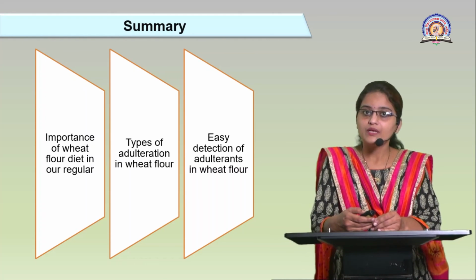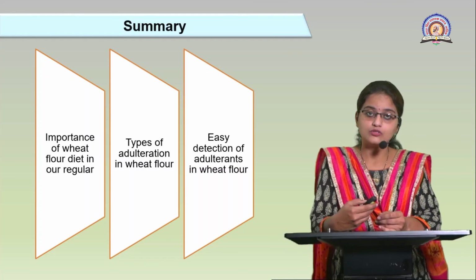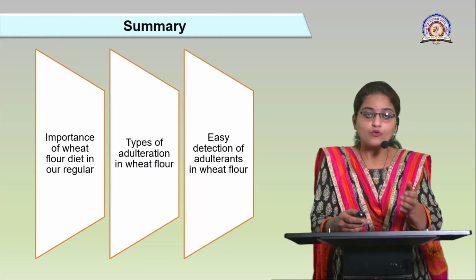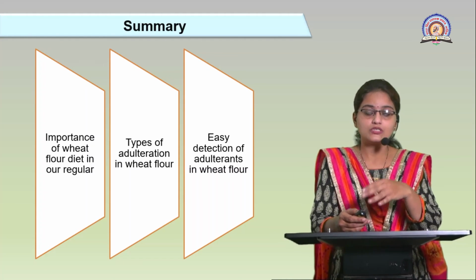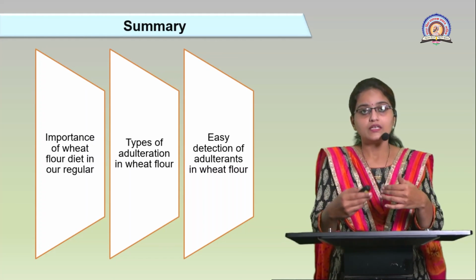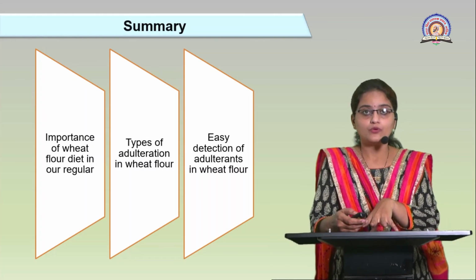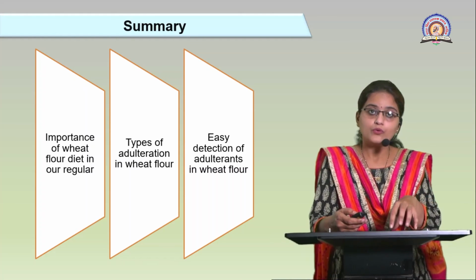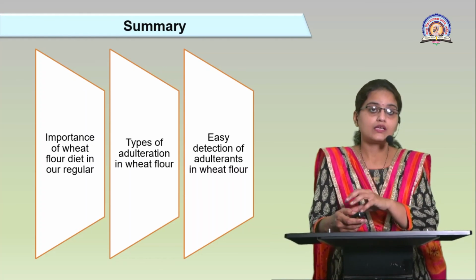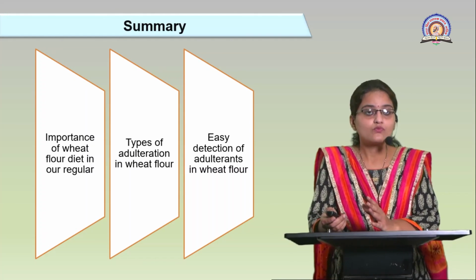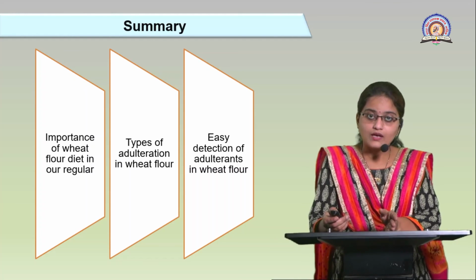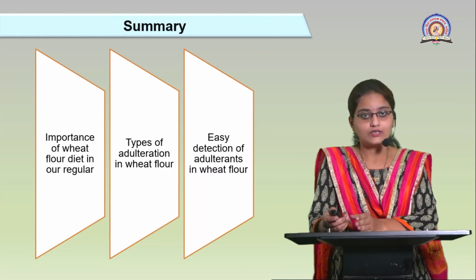So it is our duty to check that whatever we are allowing inside our body is very precious, and whatever material we allow inside our body must be pure, because even a single impurity can cause a major defect in a healthy individual. So this is all about wheat flour as well as wheat flour adulteration.